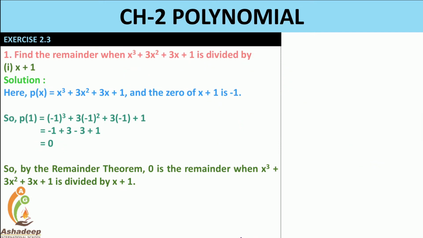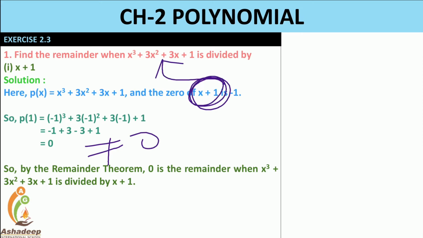See, if the remainder is 0, we can come to a conclusion while solving the sums. Here what we conclude is, if the remainder becomes 0, then x plus 1 is a factor of the given polynomial. If it is not equal to 0, then it is not a factor of the polynomial with which we divide it.